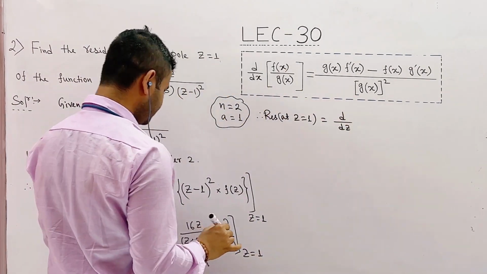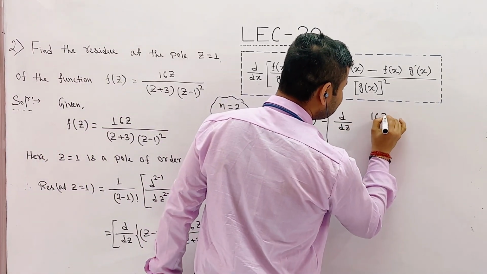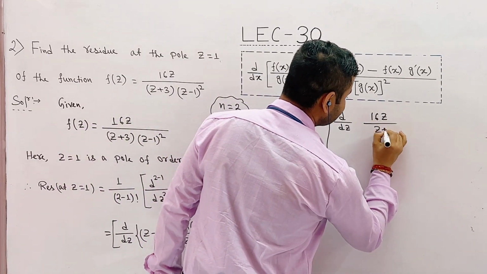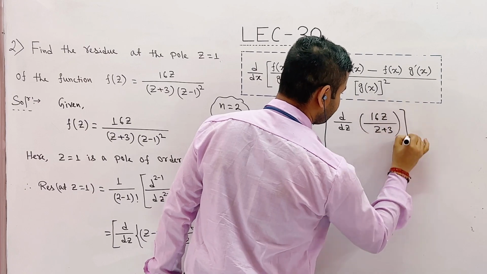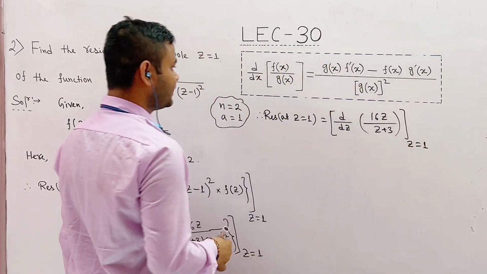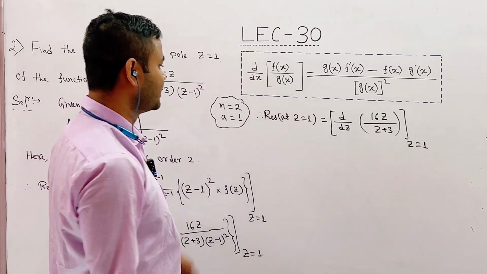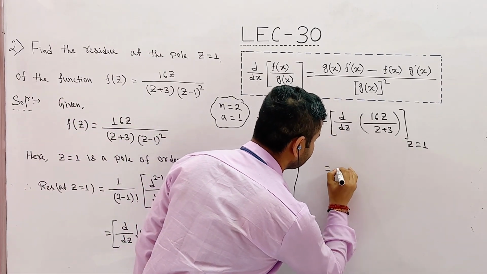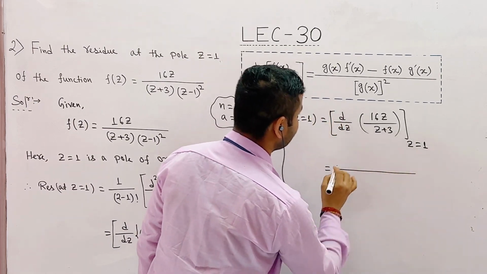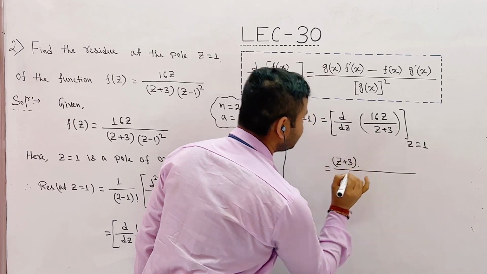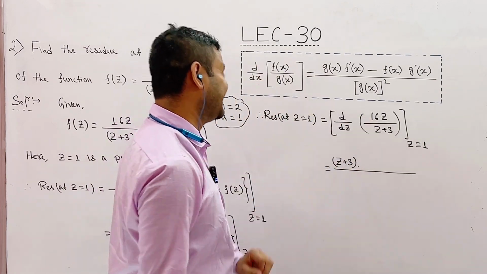d by dz of 16z divided by z plus 3 at z equal to 1. Next, let us apply this formula. So, after applying this formula, we will get (z plus 3) into d by dz of 16z.